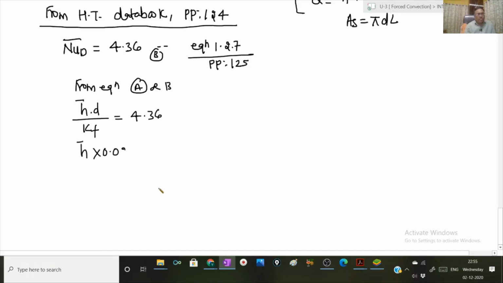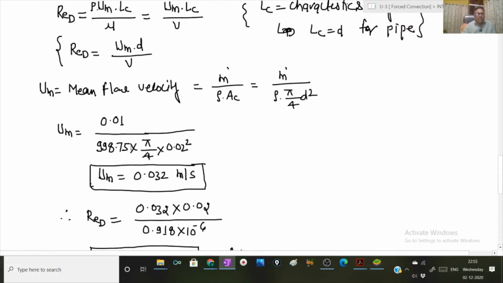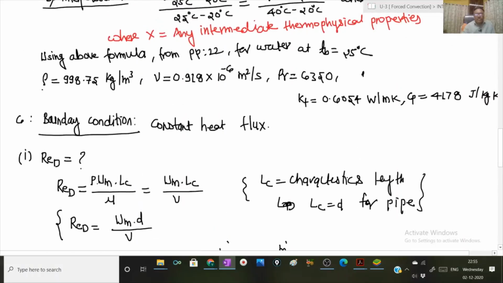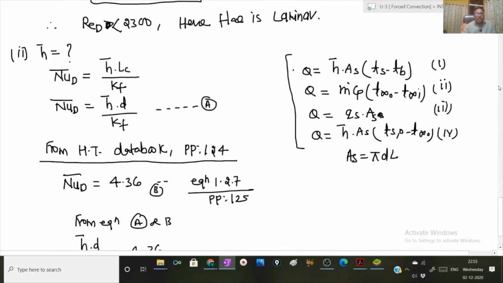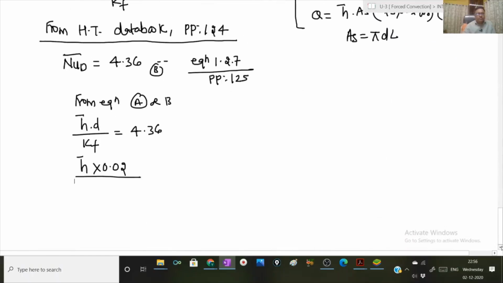Diameter is 0.02, and the thermal conductivity of water I can find out from thermophysical properties: 0.6054. So h bar times 0.02 over 0.6054 is equal to 4.36.